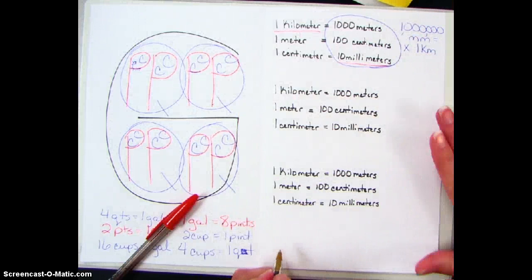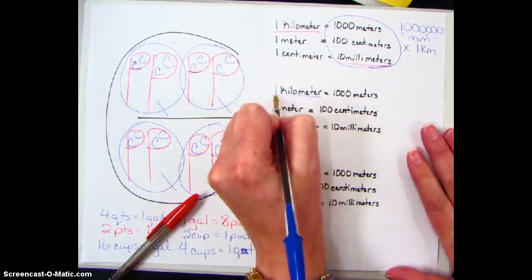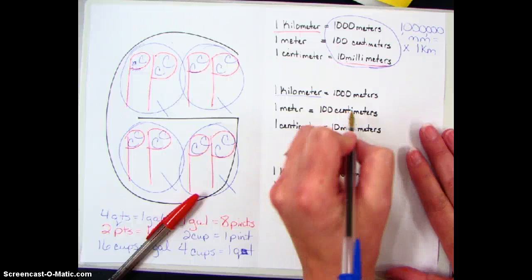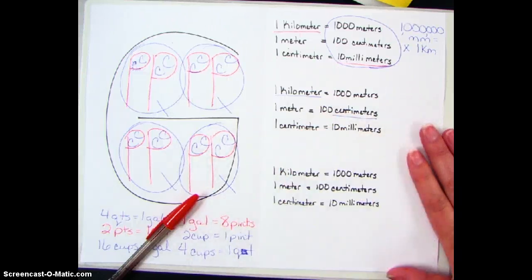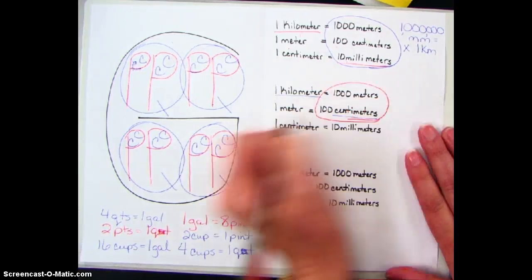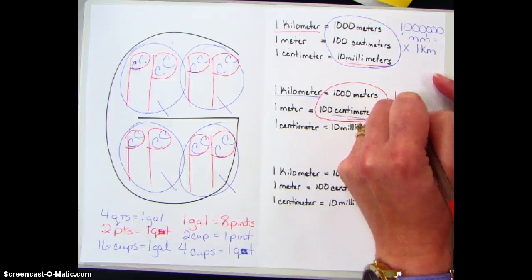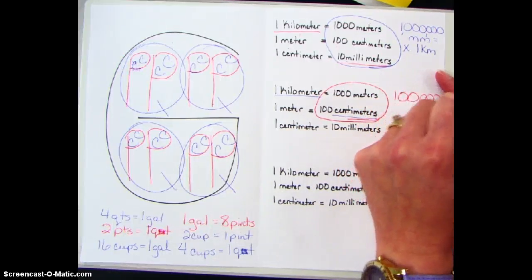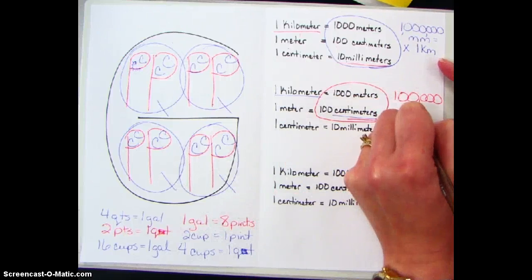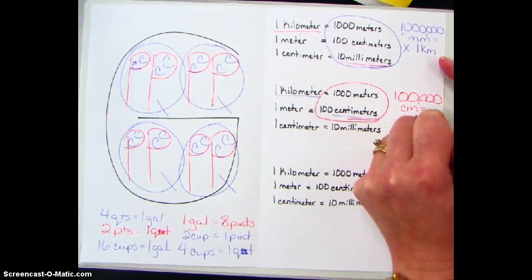Now let's take a look at the next set. If you're trying to figure out how much 1 kilometer is equivalent to in centimeters, then all you got to do is multiply 100 by 1,000, and that's going to give you 100,000 centimeters is equal to 1 kilometer.